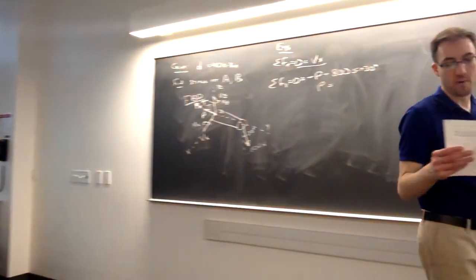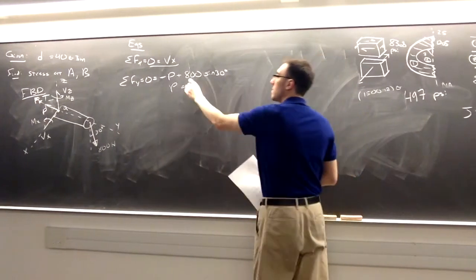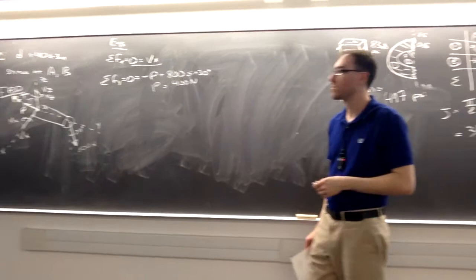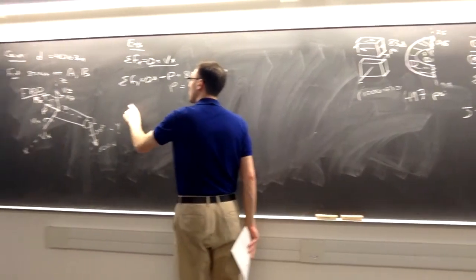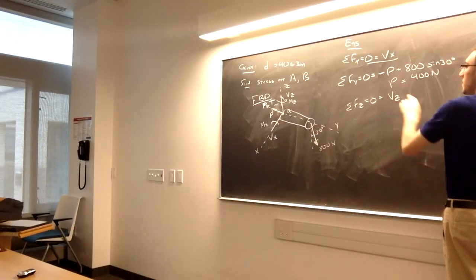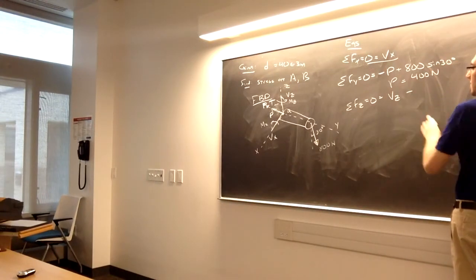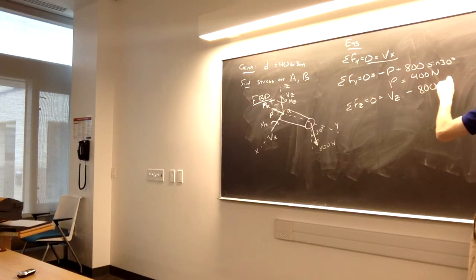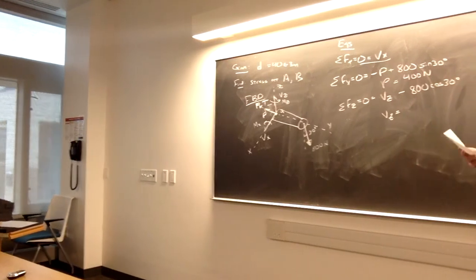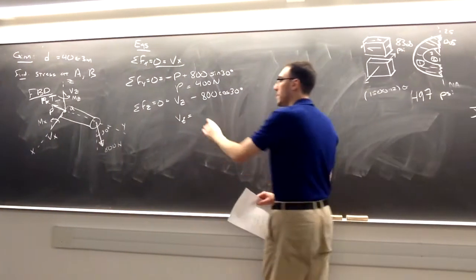So my internal normal force, 400 newtons. And in the z, I have Vz. In the negative z direction, I'll have a minus 800 cosine 30. So my Vz, 690 newtons.